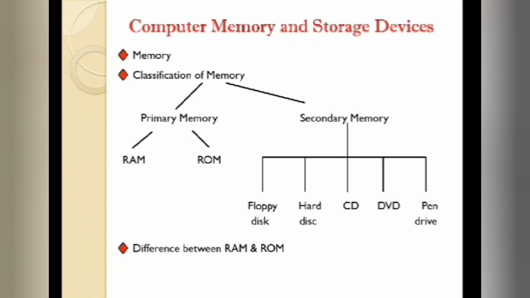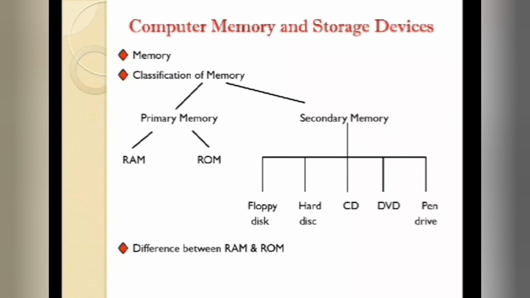And also we have discussed the differences between RAM and ROM. Can you remember them? Okay, first one is RAM stands for random access memory, ROM means read-only memory. Next, RAM is a volatile memory, ROM is a non-volatile memory. Why is it called volatile memory? Because it loses the data when the power is off.